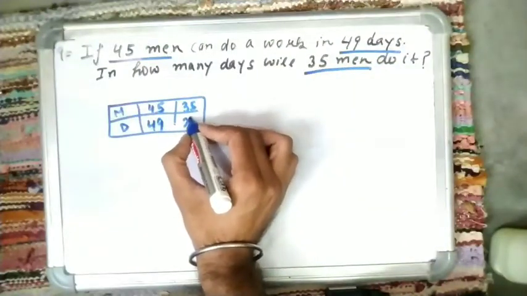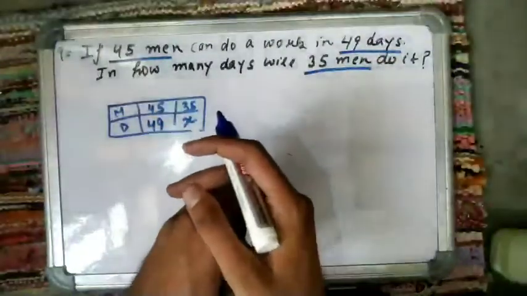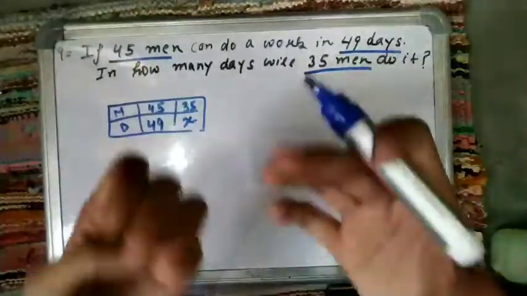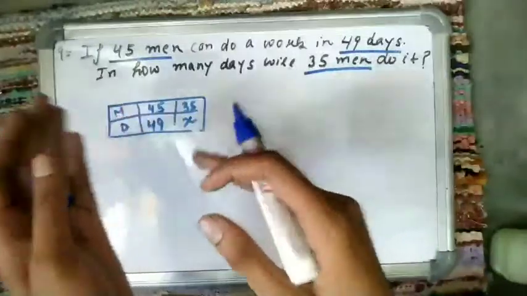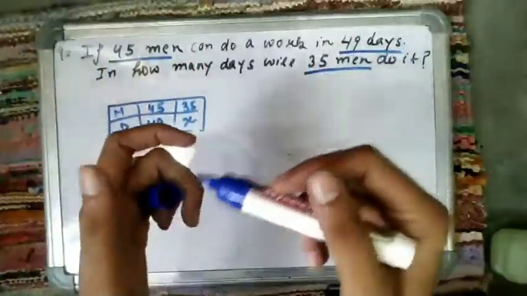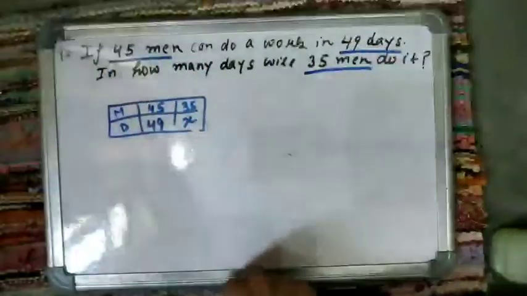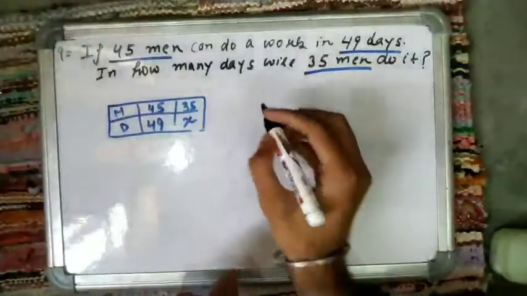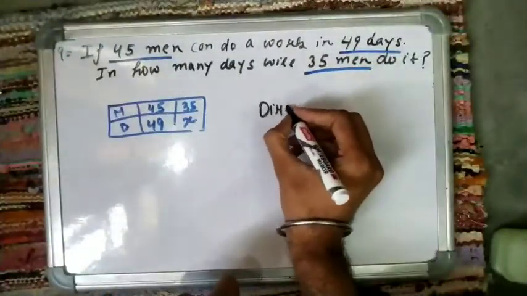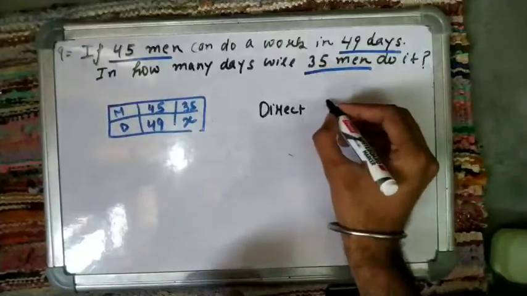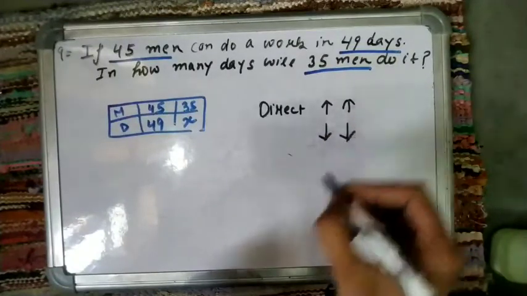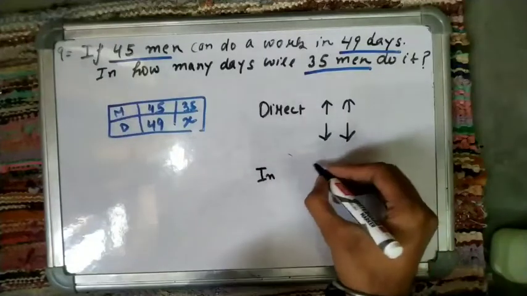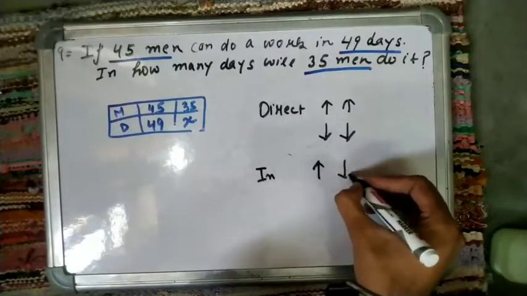Here we put x. Now some students will be confused about how we can check where to use inverse and direct variation. See beta, in the first lecture I told you that direct variation means both are increasing or both are decreasing, but in inverse variation one will be increasing and one will be decreasing.